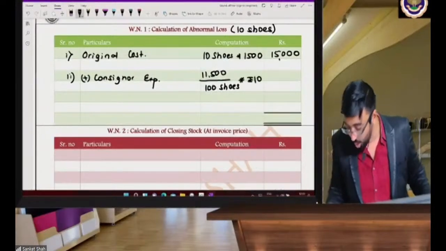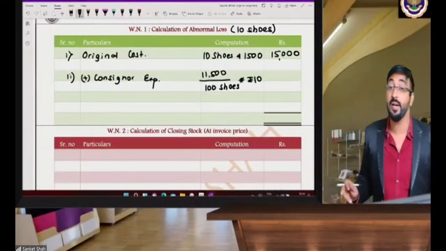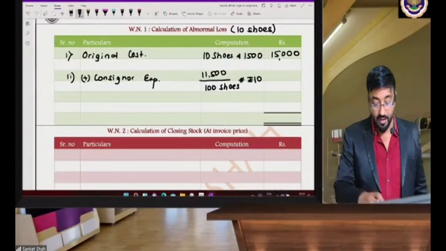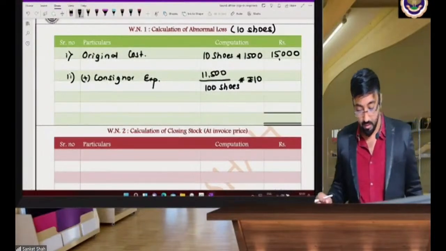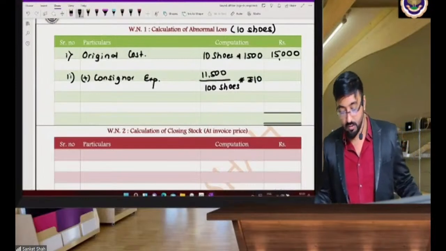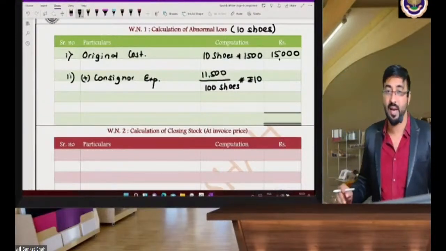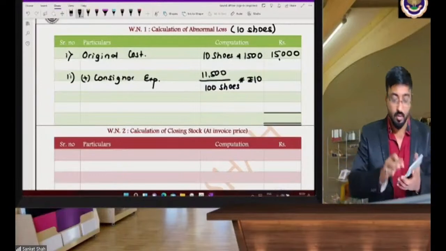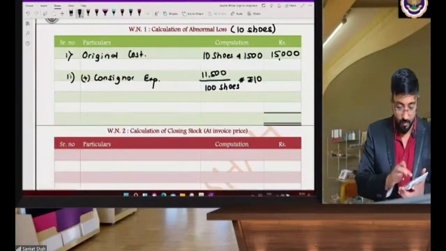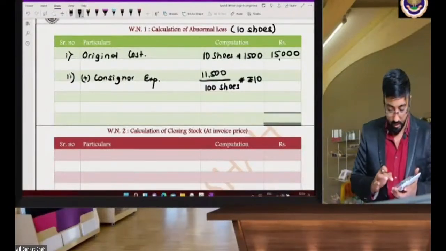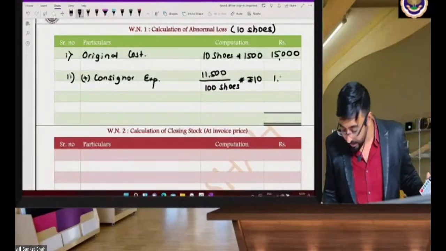And your loss is only 10 shoes. So you divided it by 100 shoes and multiplied by 10. So 11,500 divided by 100 into 10. I'm getting the answer 1150.